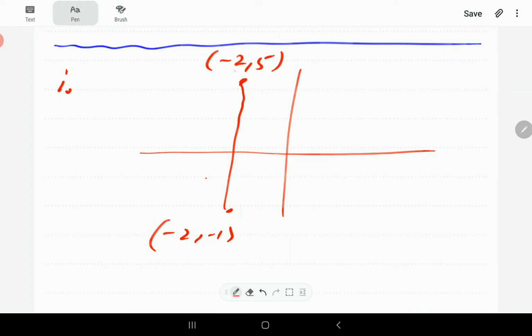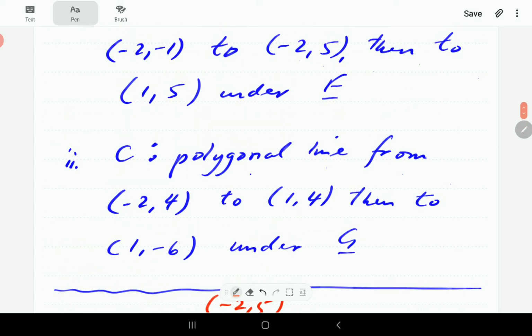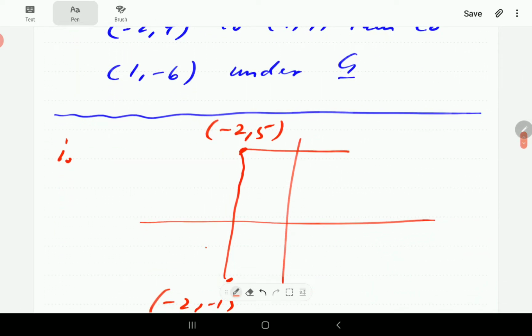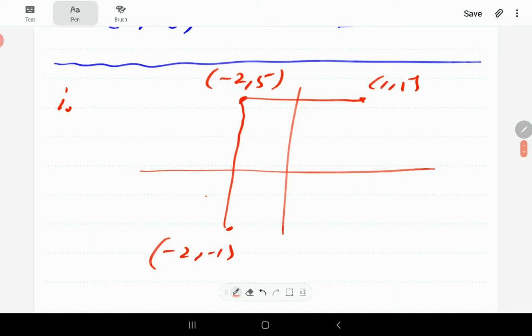Then horizontally to 1, 5. So 1, 5 is there in the first quadrant. So this is our contour, which we call C.